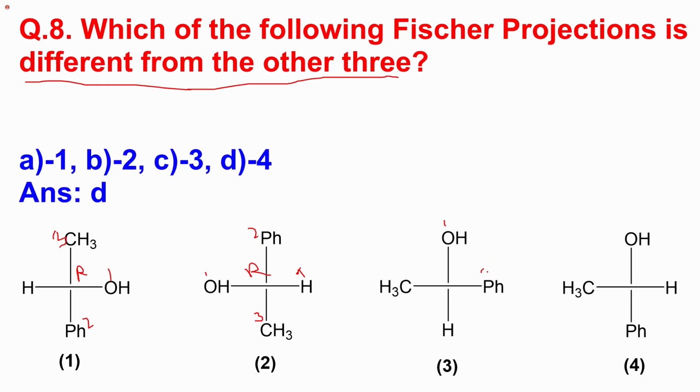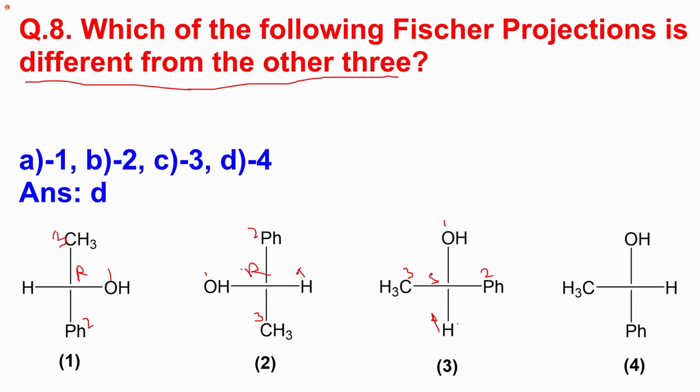One, two, three, and now it is four. It is clockwise, but it will be S. Why? Because 1, 2, 3 is clockwise, but the 4 is on the y axis. So that's why it is the negative rule, and that's why it will be S.